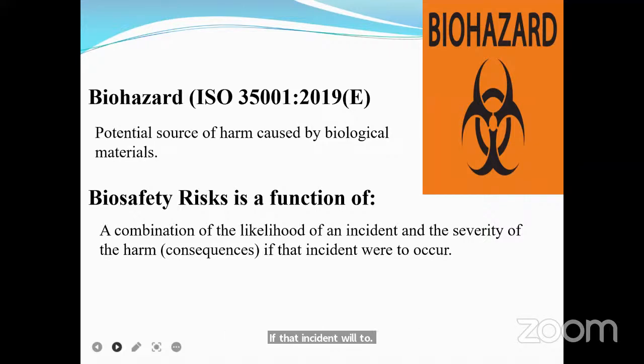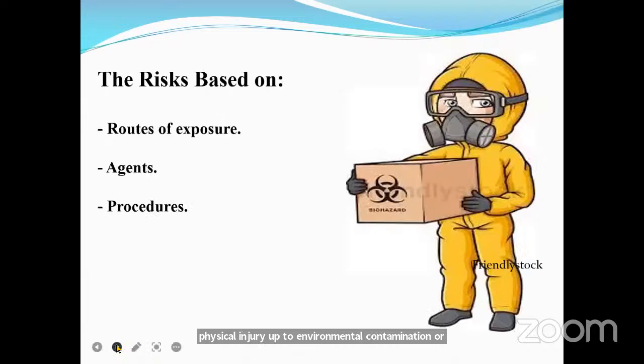Actually, the probability of an incident occurring in the laboratory work we call likelihood, and the outcome of the incident is defined as the consequences. The consequences can have a wide range, from physical injury up to environmental contamination or asymptomatic carriage of a biological agent.